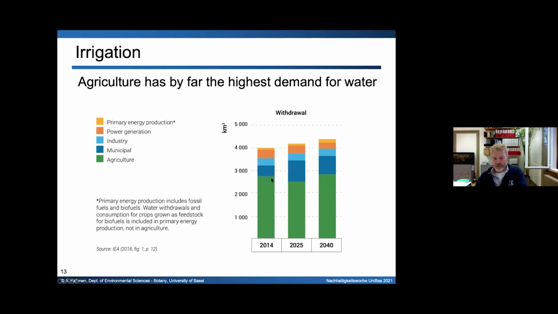And it's much more than our municipal water use in private households, for example. So agriculture, by producing our food, and I don't want to point a finger at agriculture, I'm very happy that agriculture is producing my food, but we need to be aware that this comes at a price. And one price is that agriculture is a very water-expensive business.